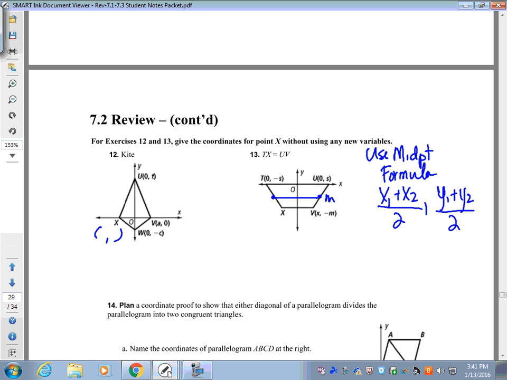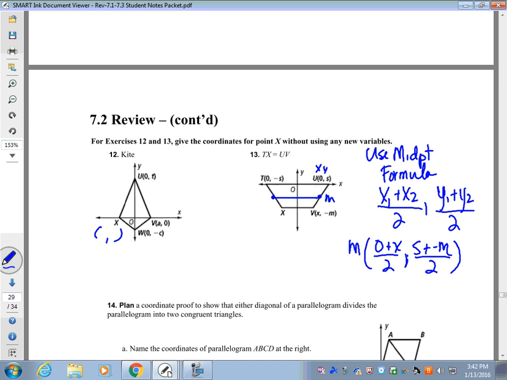Alright, so to find the midpoint between U and V, I'm going to look at my X and my Y's and add them. So if I'm finding the midpoint M between U and V, I'm going to do my X values, which are 0 plus X, divided by 2. And then my Y values, which is S plus a negative M, divided by 2.